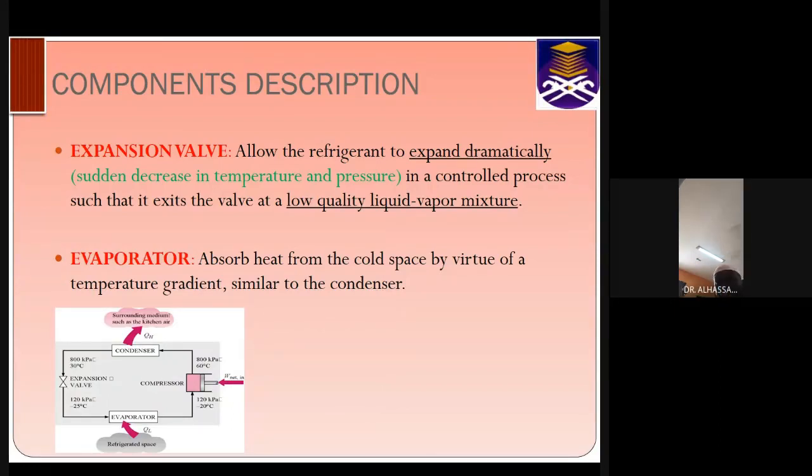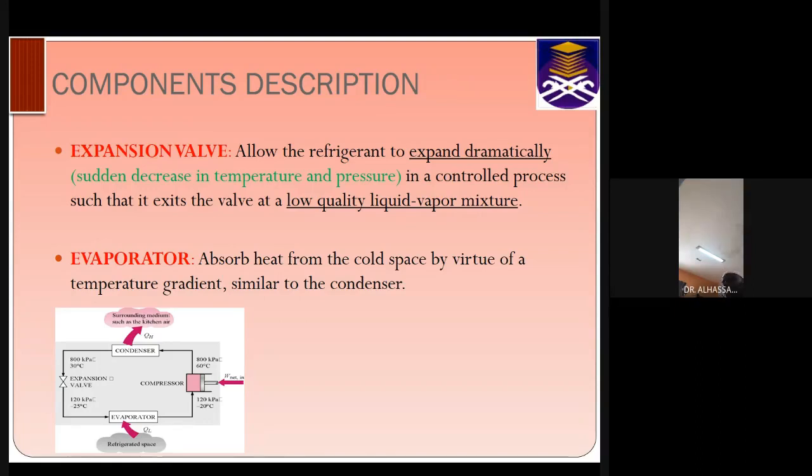We defined what a refrigeration cycle is and what a heat pump is. A refrigerator or refrigeration system is a device that takes heat from a refrigeration compartment at a lower temperature and transfers the heat to a high temperature reservoir, into the condenser. This is achieved by means of a compressor.